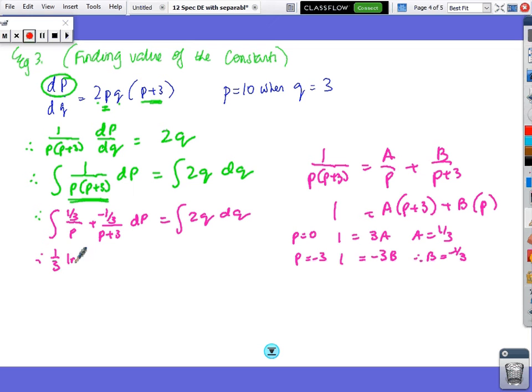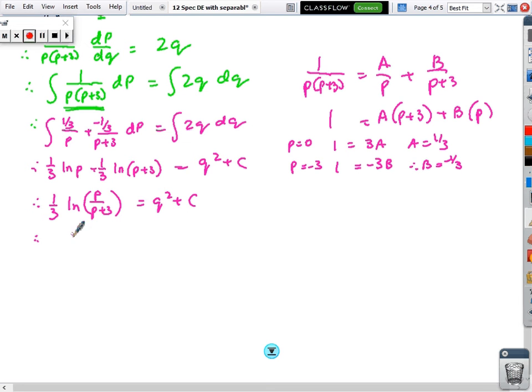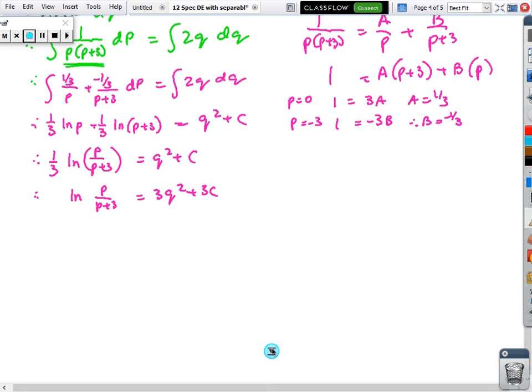So we've got 1/3 log P minus 1/3 log P plus 3 equals Q squared plus the constant. Take the 1/3 out, and P minus means divide, so log of P over P plus 3 equals 3Q squared plus 3 constants.